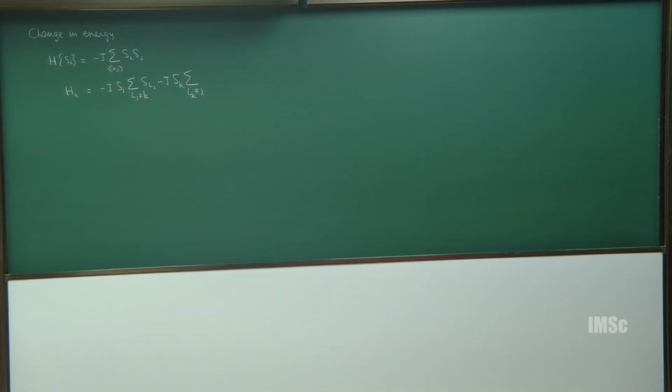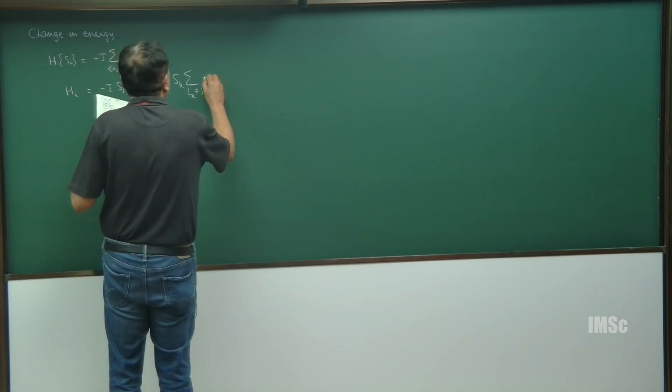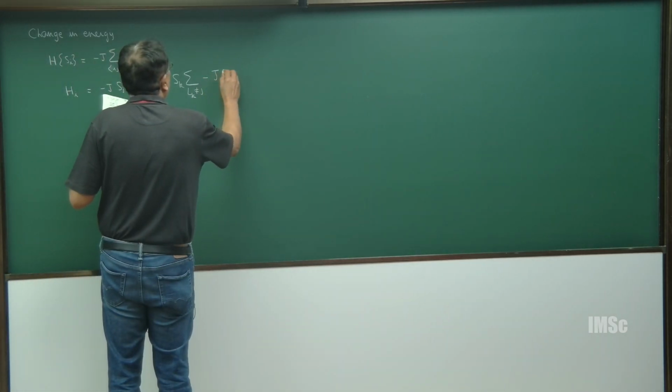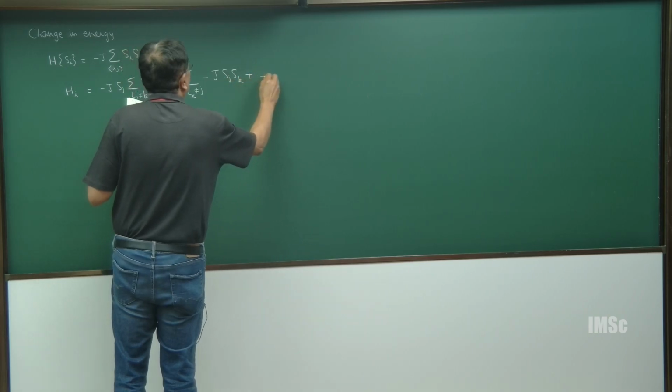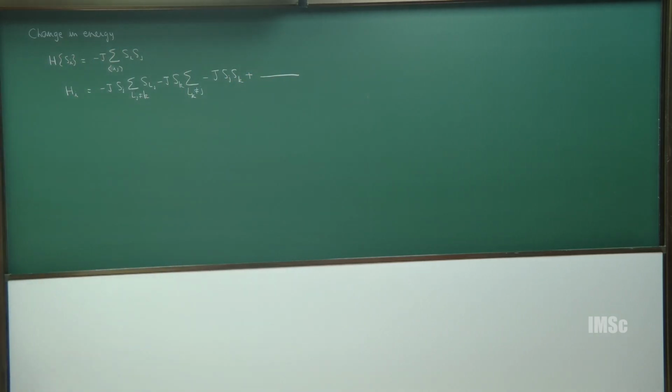I am deliberately leaving out those terms where the two spins are involved, and then I'll separately write that term down, which is minus J S_j S_k, plus all other terms in the system which are unaffected by the interchange.